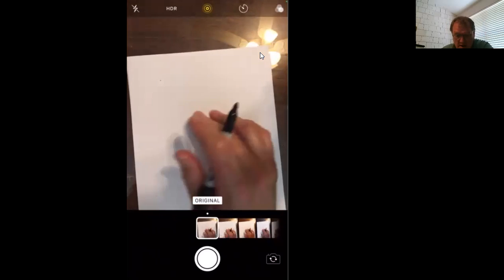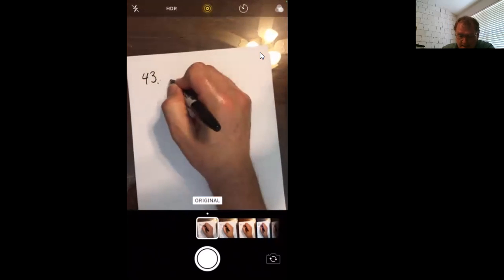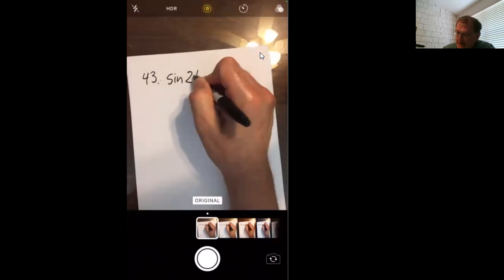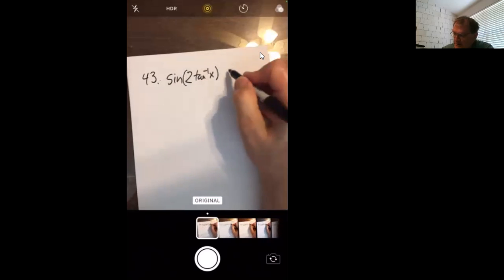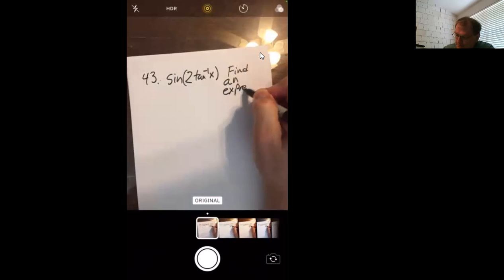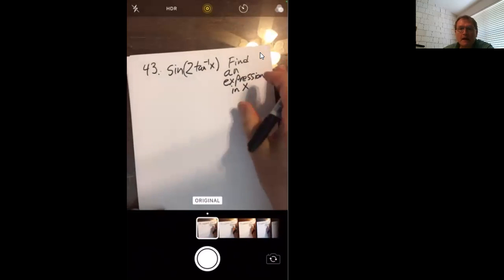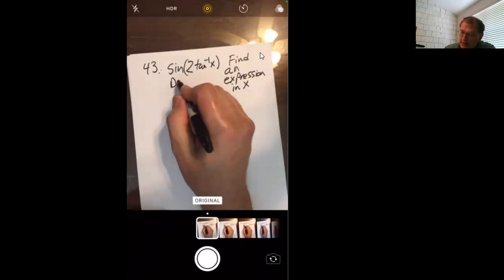All right, so how about one like 43? You basically have a sine of twice an arctangent x. Find a formula, an expression in x. All right, well, the 2 gives it away that you're going to do a double angle.